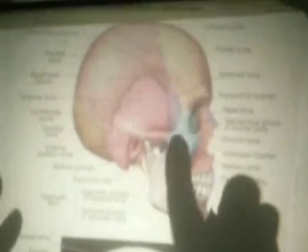Okay, then when we turn to the lateral side of the skull, you're going to have your squamosal suture right here, your temporal squama, mastoid process, external acoustic meatus, styloid process, your zygomatic arch. Here is the suture between the zygomatic bone and the temporal bone. This is your temporal process of the zygomatic bone, zygomatic process of the temporal bone.